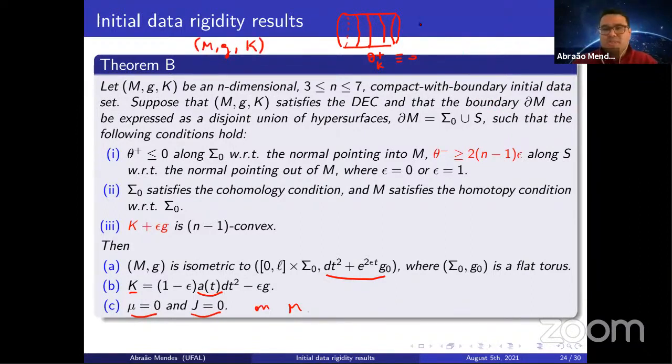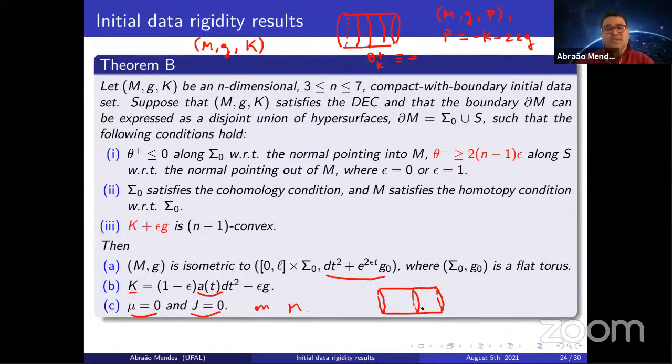But we can also take a different initial data set, M, g, p, with p equals minus k minus 2 epsilon g, all right? And show that this initial data set also satisfies the conditions in theorem A. Then the manifold M is also foliated by MOTS in this initial data set, okay?